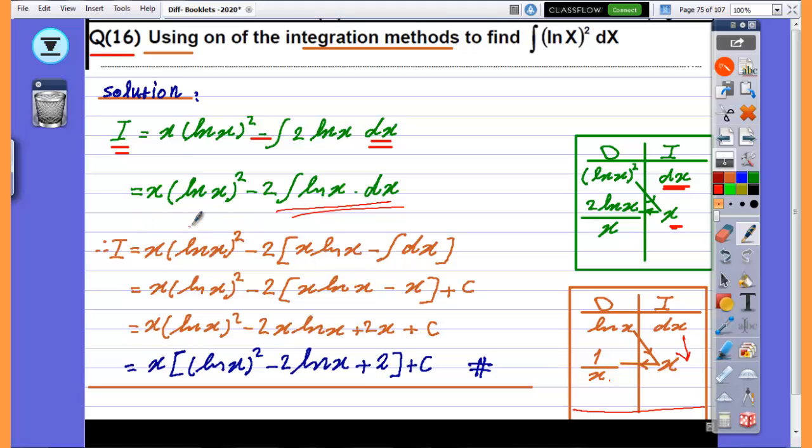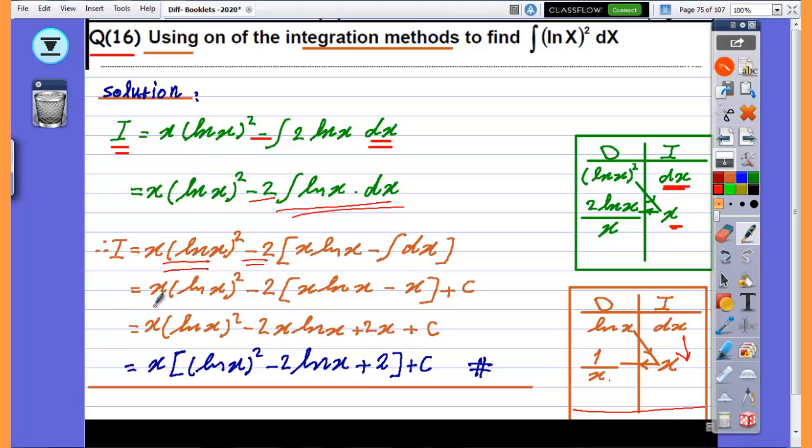So the right hand side will be x (ln x) all square, minus 2 times the integration of ln x dx, which equals x ln x minus the integration of 1 over x multiply x dx, which equals 1, and the integration with respect to x.